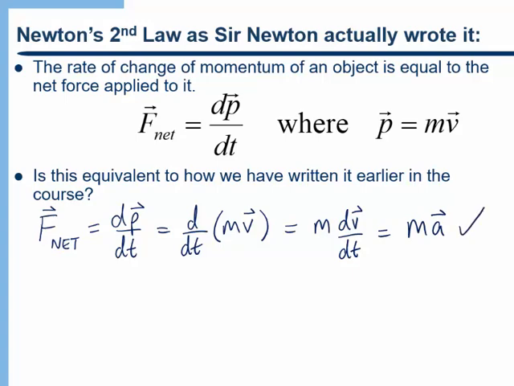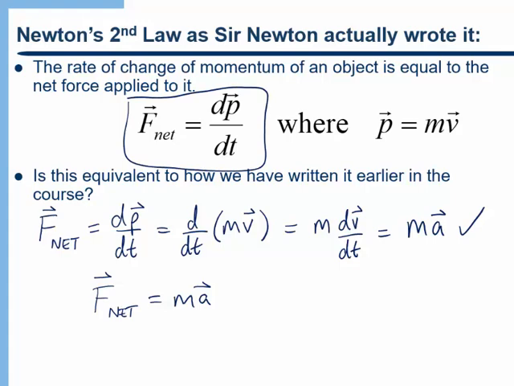What I want you to notice, though, is that when we write Newton's second law in this way, it's actually a special case of the more general version of Newton's second law. In other words, this is only true if m is constant.